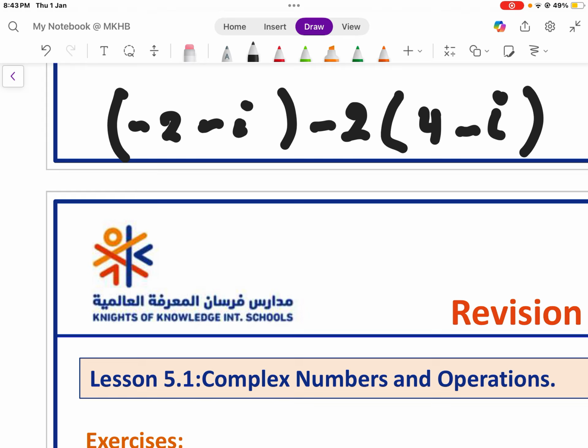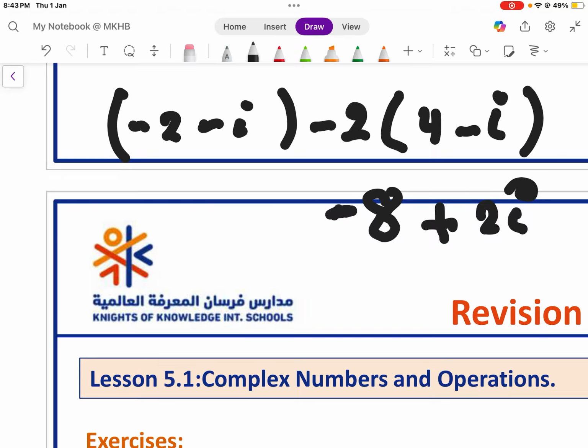The same story. Here, this negative and this 2 must visit this and this. I mean by visit, multiply. So it will be negative 8 plus 2i.